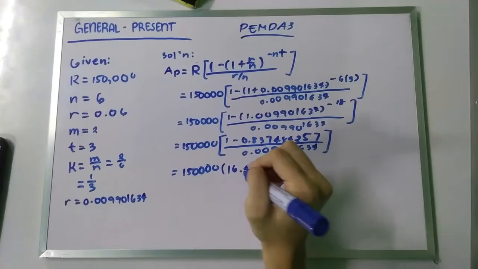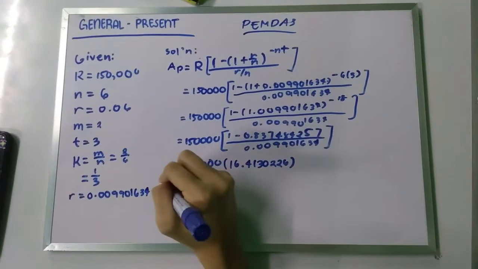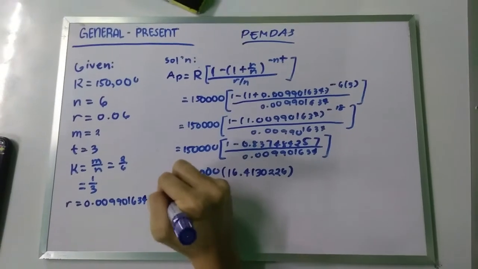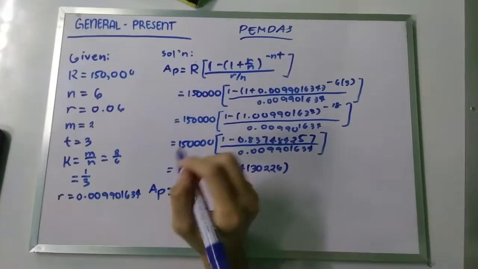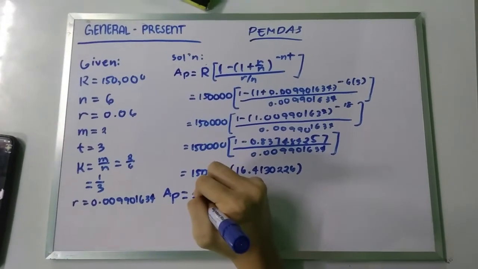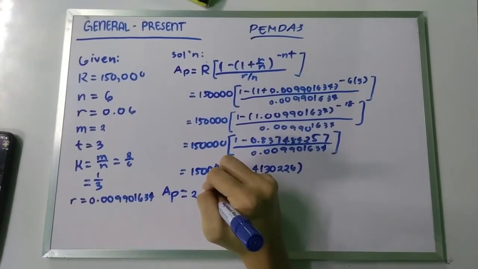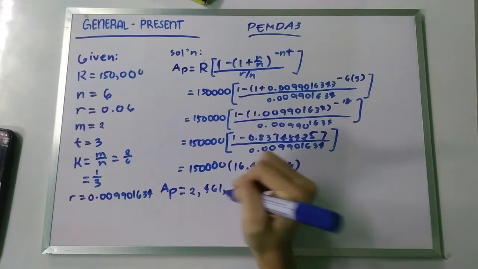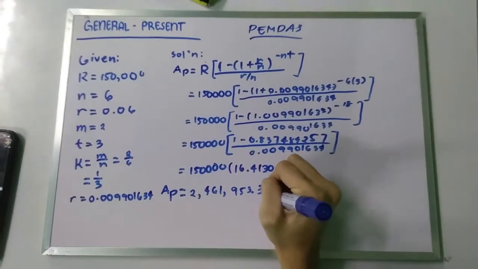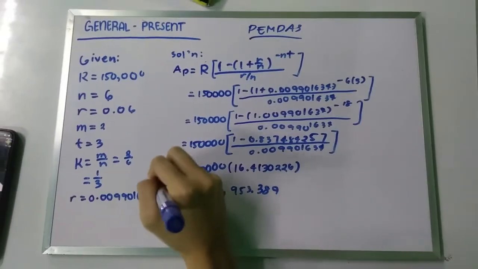Finally, multiply that to R, which is 150,000. So the present value of general annuity of this problem is 2,461,953.389.